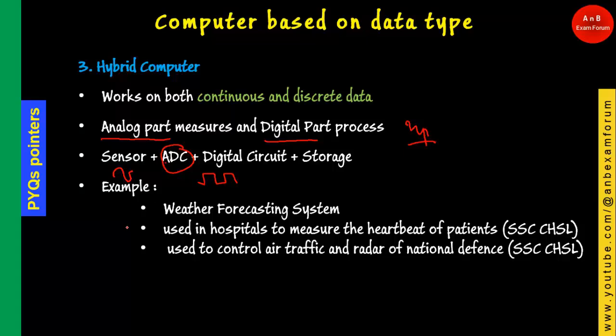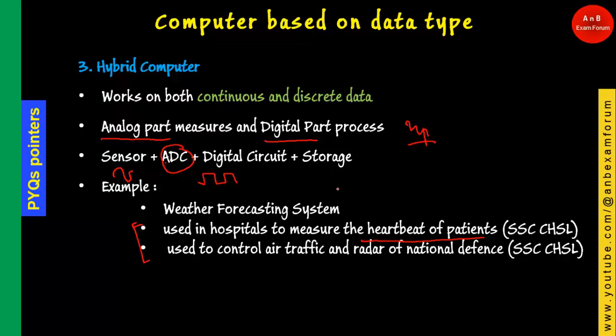Okay, and in exam they will ask you the examples. These are the two examples which are commonly asked in exam: these hybrid computers are used in hospitals to measure the heartbeat of a patient. You can relate with that, like my heartbeat is in continuous form. It has sensors in it which convert heartbeat into the digital circuit, and it is going to be stored on the machine.